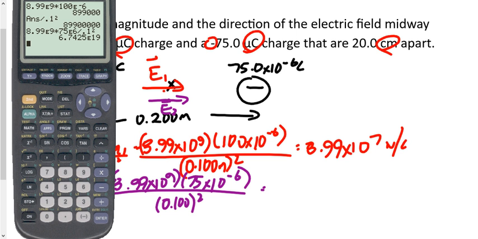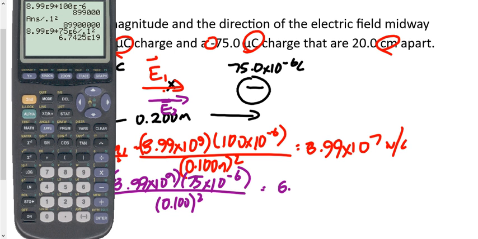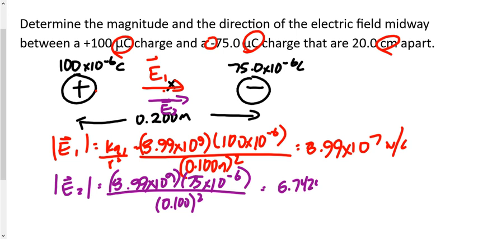So I think that's going to be 6.7425 times 10 to the 7, isn't it? Now, what do we do with those two numbers? It's easy now. Add them up.